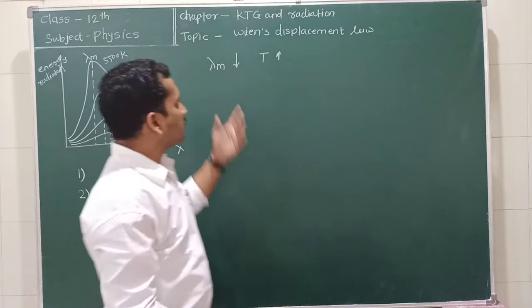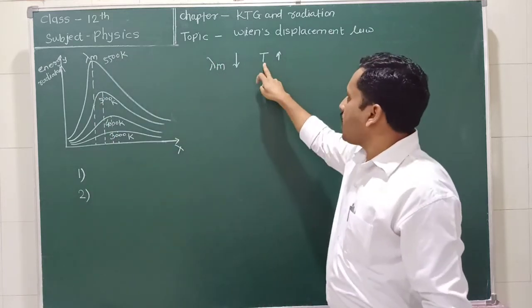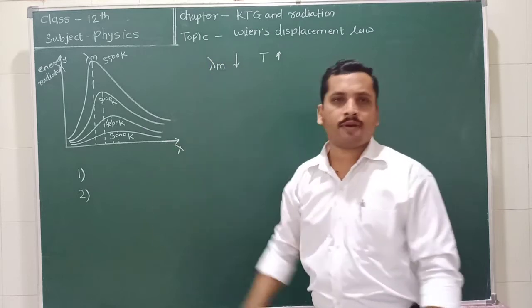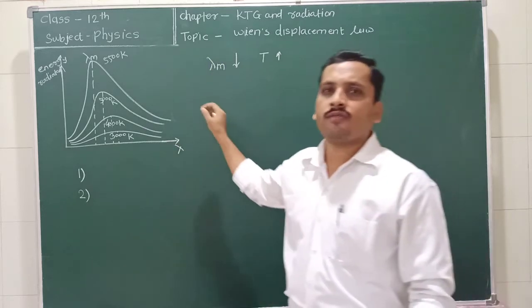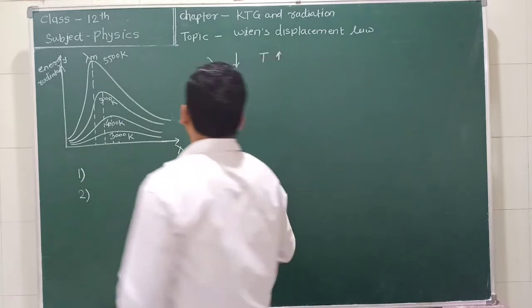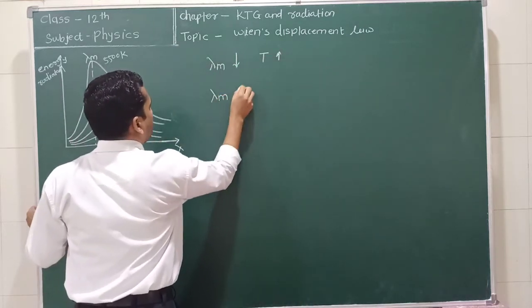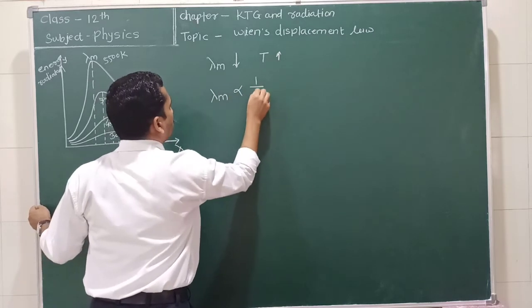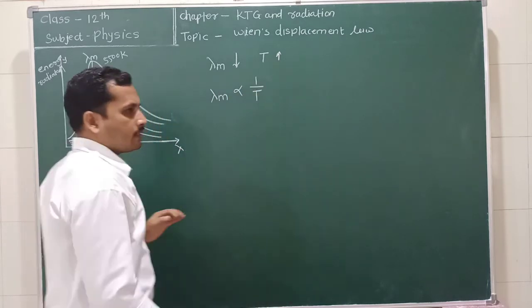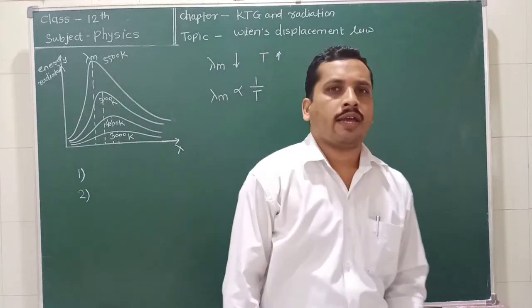What is the conclusion from that? We conclude that the absolute temperature and lambda m are inversely proportional to each other. So we can write that lambda m is inversely proportional to T, the absolute temperature.